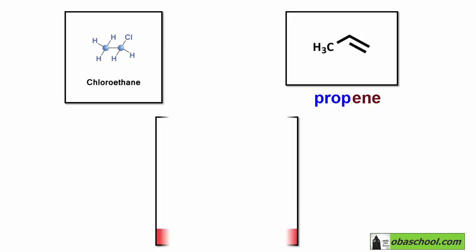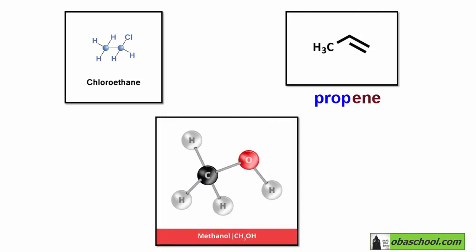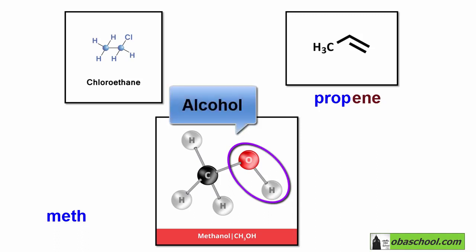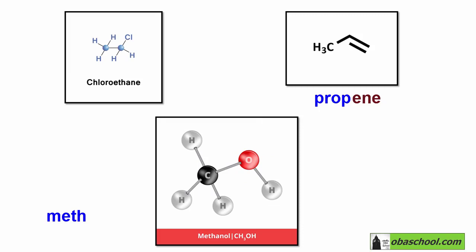If we take this example, we have one carbon atom only, so the root will be meth. However, notice here that we have an OH group, so this is an alcohol. Remember that if we want to name an alcohol, we will write the name of the alkane corresponding to this alcohol, which means the alkane which has the same number of carbon atoms.